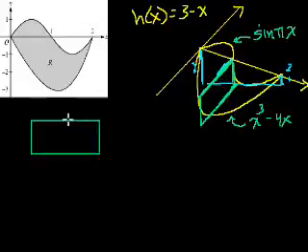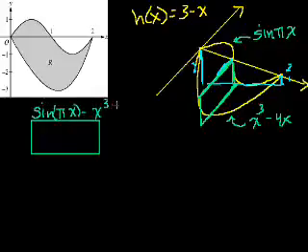It's the width along the top. I know I'm confusing you. It's going to be this function minus this function. So it's going to be sine of pi x minus x to the third minus 4x.